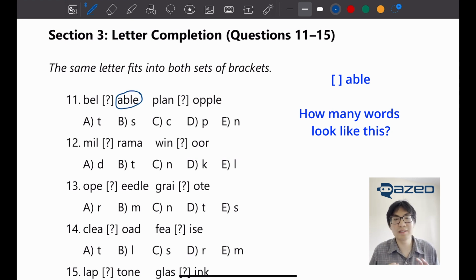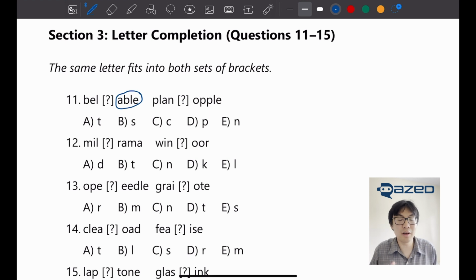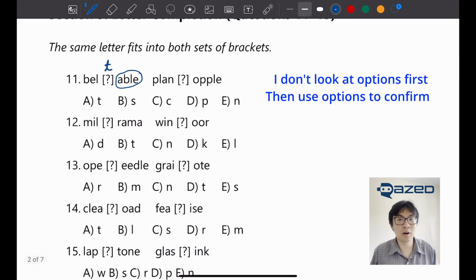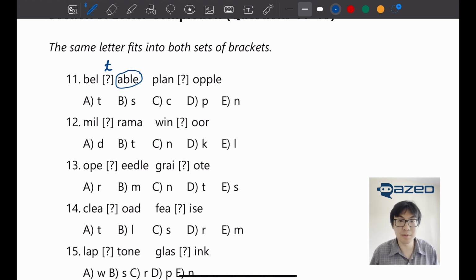So you probably already know the answer without even looking at the options. The answer is, the thing you're thinking about is "teeth", "table". And that's how I do it. I don't necessarily look at the options and brute force it. That is a secondary thing I'm going to do. But here we can just look at the words that are clearly a specific word. So here we validate it by checking it over: "topple", correct, "plant", "belt", perfect.